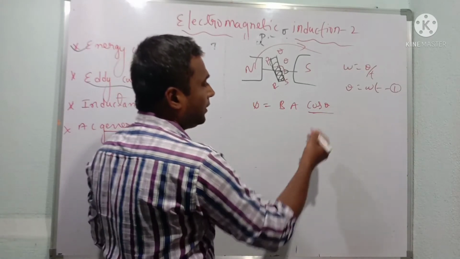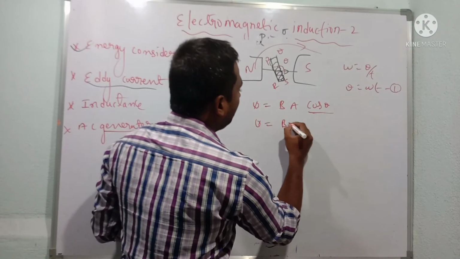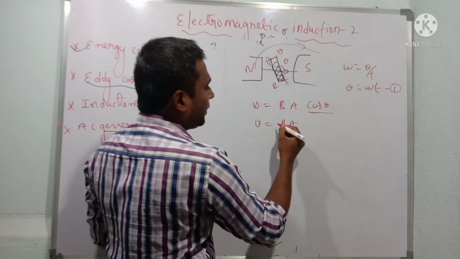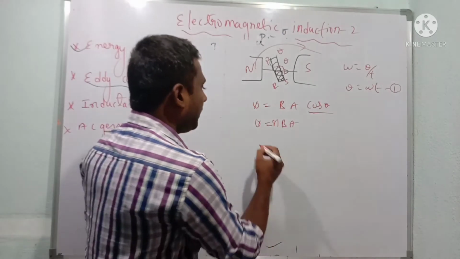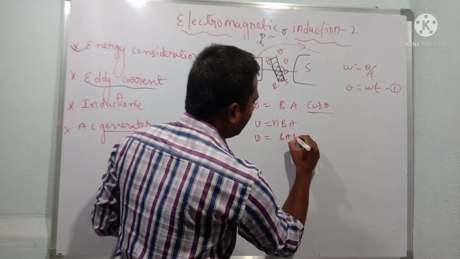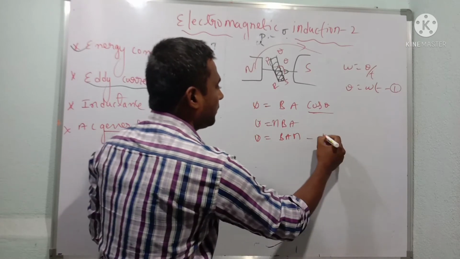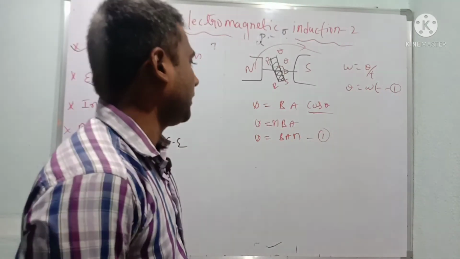If theta is equal to 0, cos theta becomes 1, phi is equal to BA. If the number of turns is N, it is NBA. This is called equation 1. We got phi is equal to BAN.